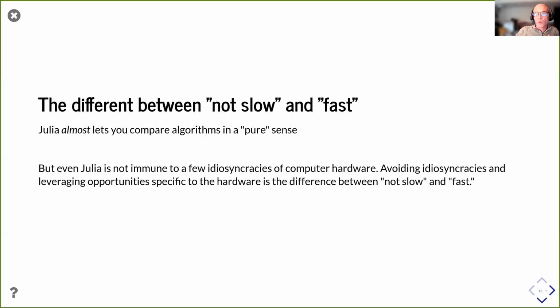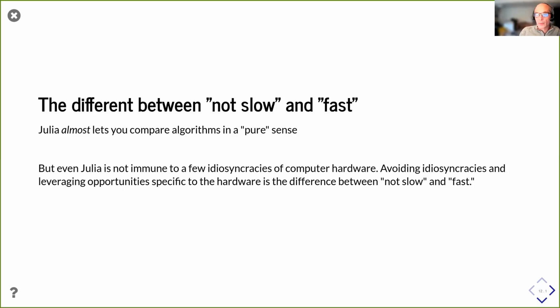That's the distinction to me between code that is simply not slow and code that is truly fast, meaning you've really thought very deeply about the fact that this is running on modern computing hardware and figured out a really good way to implement this. This requires, of course, a whole different set of expertise in some ways. I'm only going to scratch the surface of this, but I want to illustrate just a couple of the principles that are important for making that transition from writing code that isn't slow to writing code that is genuinely fast.